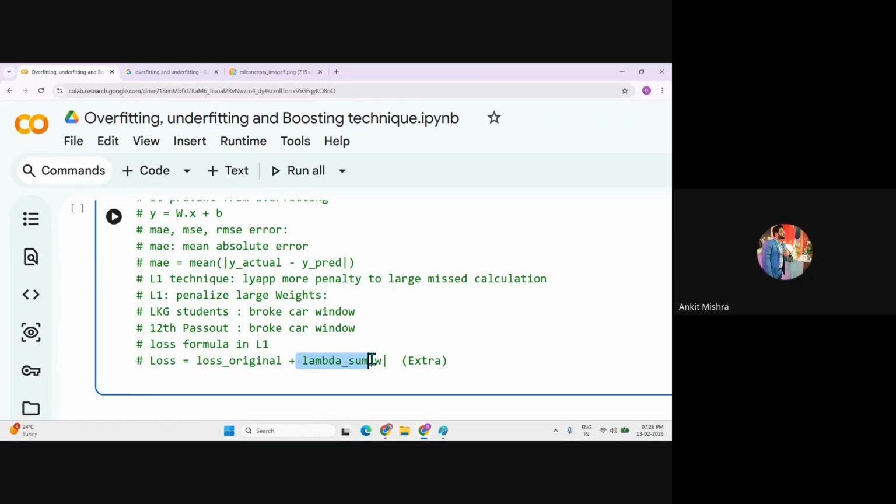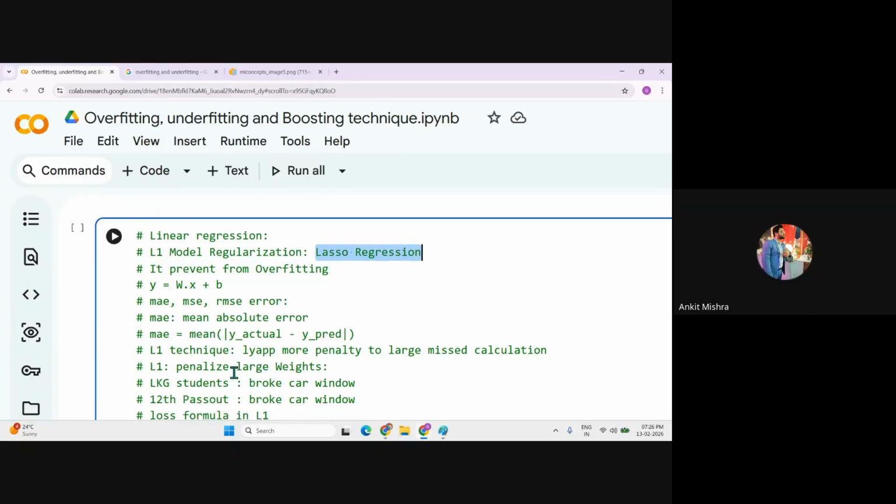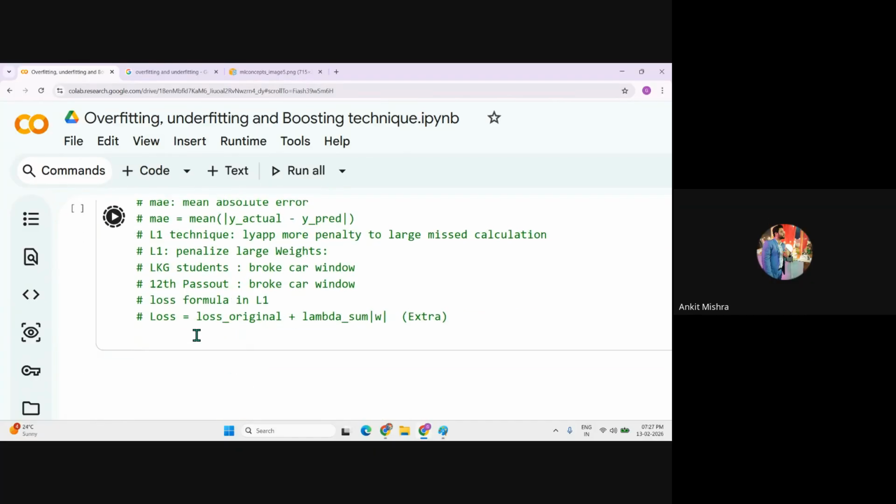That extra penalty is like the new loss, and the new loss tries to minimize the overfit issue, right? Instead of calling this L1, the main name is Lasso regression, right? So we will use this Lasso regression technique, right?